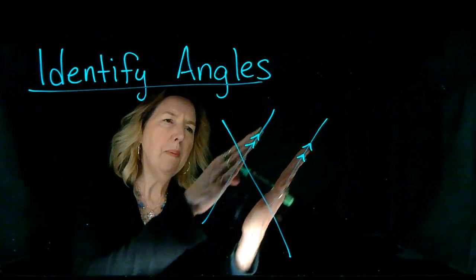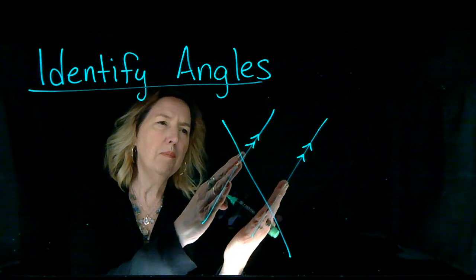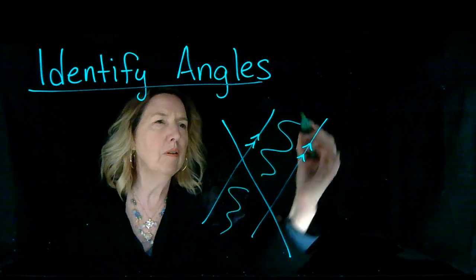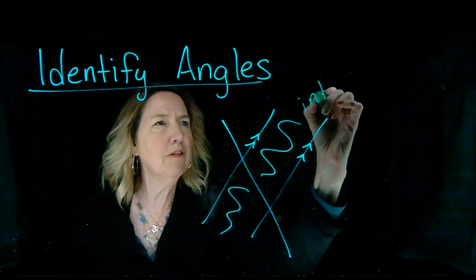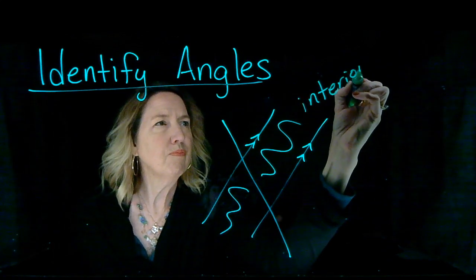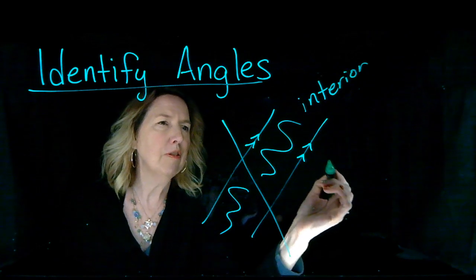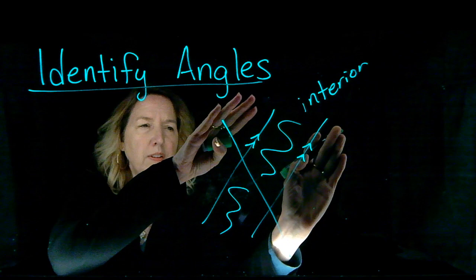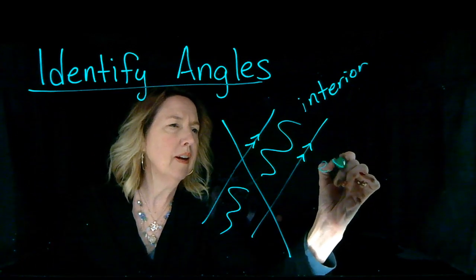Well, these two parallel lines form an area on the inside, if you will, that we're going to identify as the interior. And so naturally, what's out here, outside those two parallel lines, we could call the exterior.